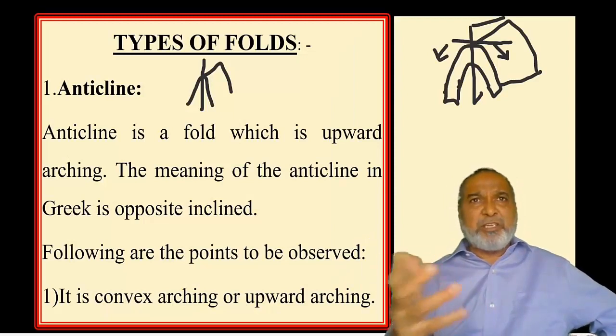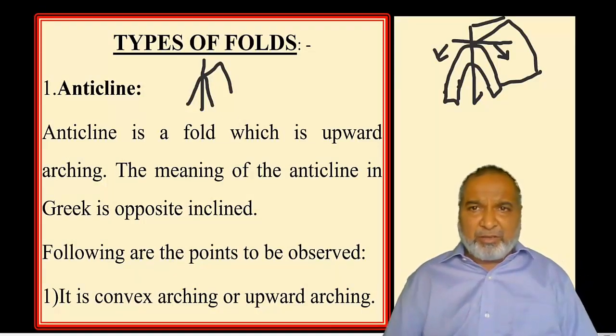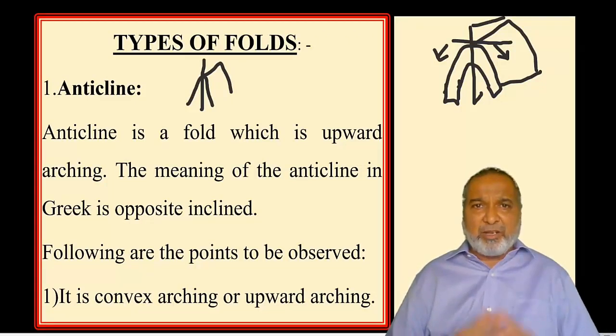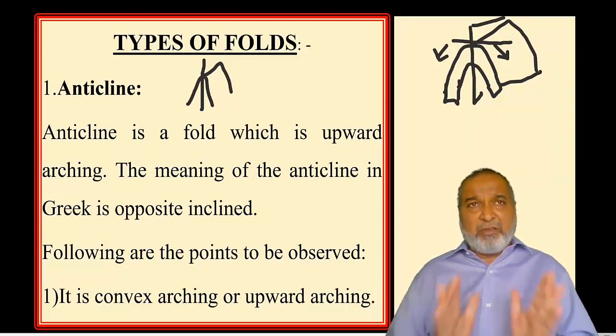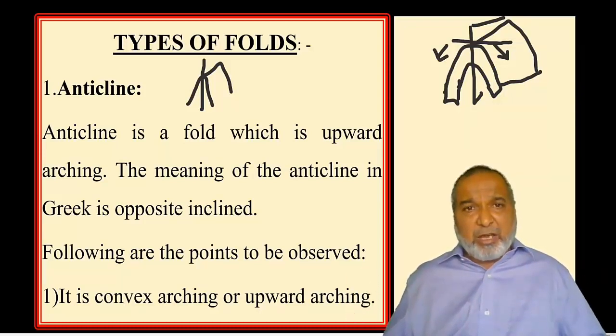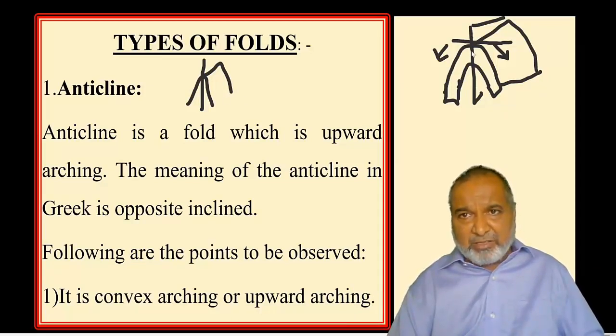Yes, now we are going to see the two folds from this particular topic. First one is anticline. Anti means opposite, clean means inclination. When the limbs are dipping in the opposite direction from the axial plane, yes, this is the axial plane, and the limbs are dipping with the horizontal surface.